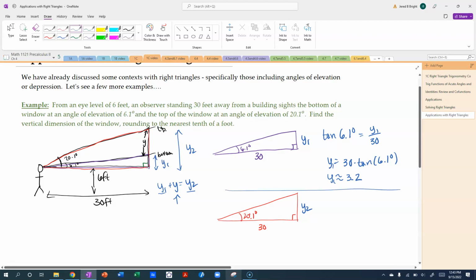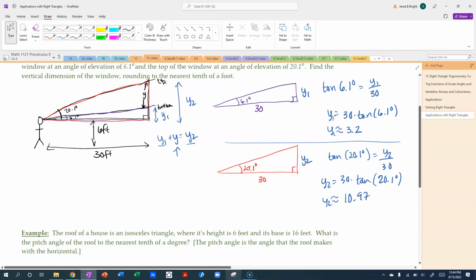Similarly, in the red triangle, tangent of 20.1 degrees is equal to y2 over 30. So y2 is equal to 30 times tangent of 20.1 degrees, and I get approximately 10.97, or we can say 11.